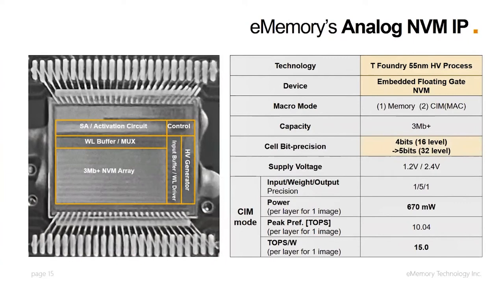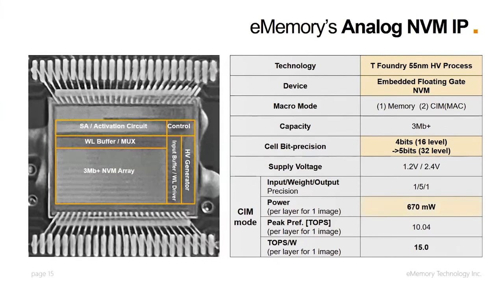The cell bit precision of the analog IP is 4-bit, which has 16 levels of design, and can also achieve 5-bit, 32 levels, depending on the AI chip algorithm.